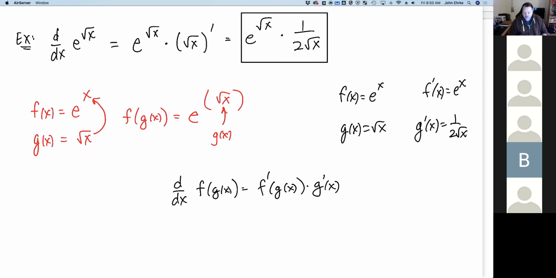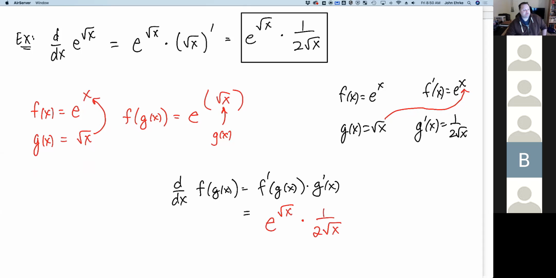Well, if you look at it here where I've made the substitutions, here's f prime. This is saying plug g into f prime. So we do that. That's e plug in g, and then you multiply by g prime.